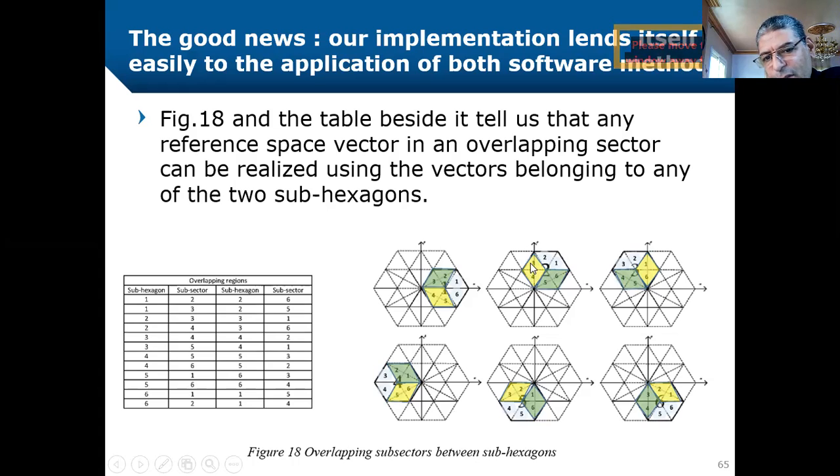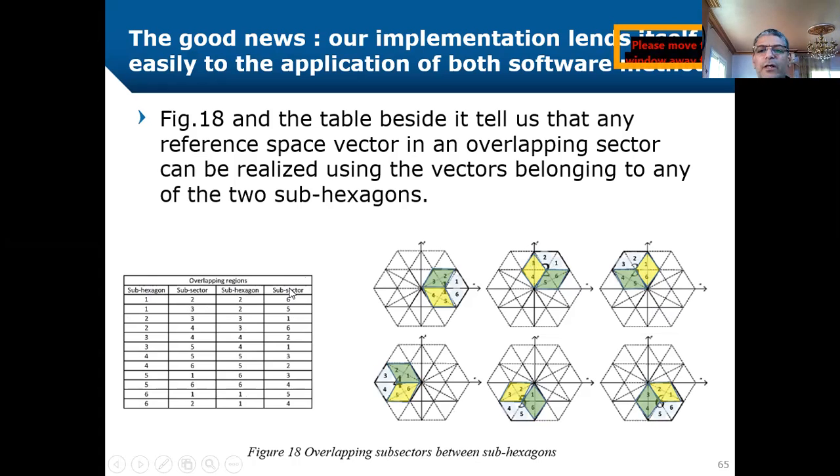For example, 3 and 4 in sub-hexa 2 are the same as 1 and 6 in sub-hexa 3. So we can construct a table like this, where we say these are the overlapping areas. Sub-hexa 1, subsector 2 coincides with sub-hexa 2, subsector 6. Okay? This is why we do that.